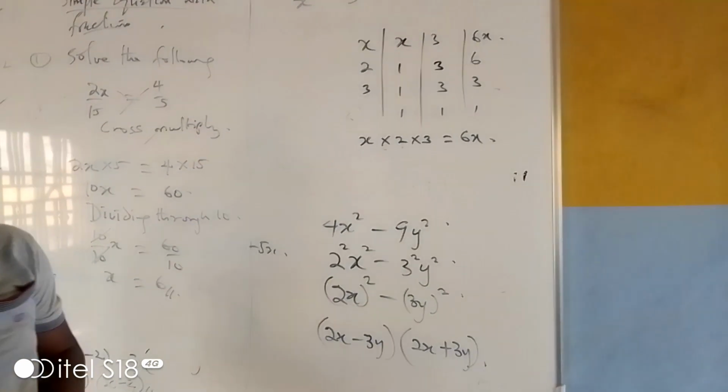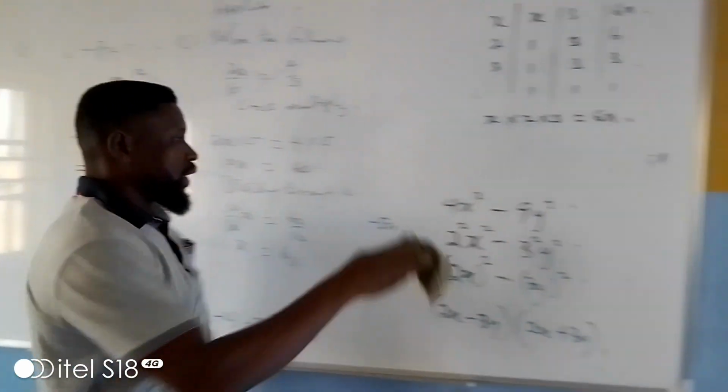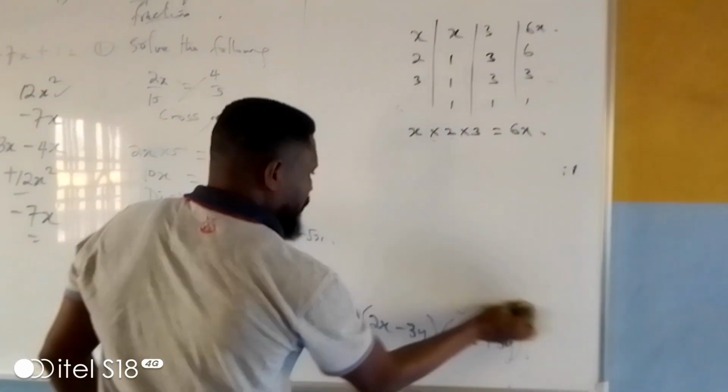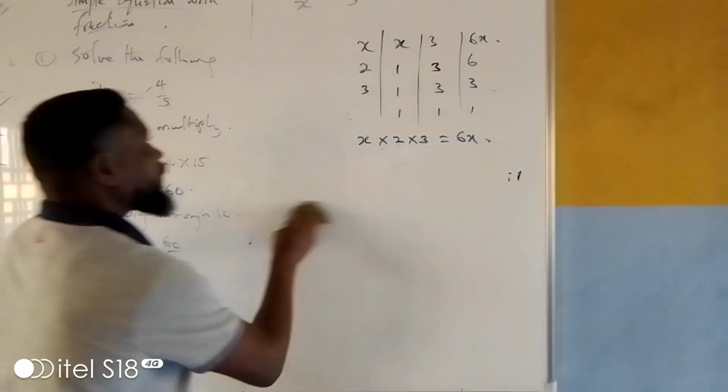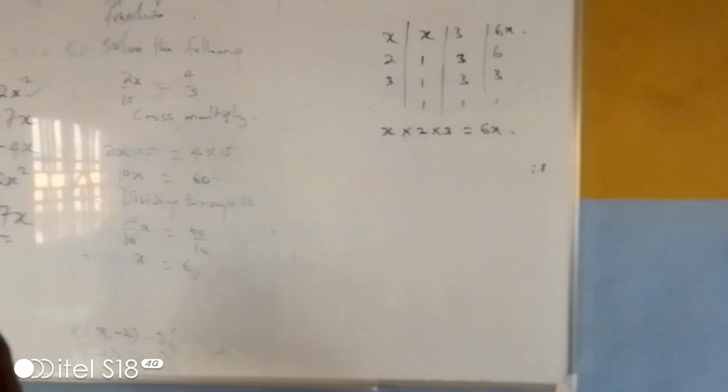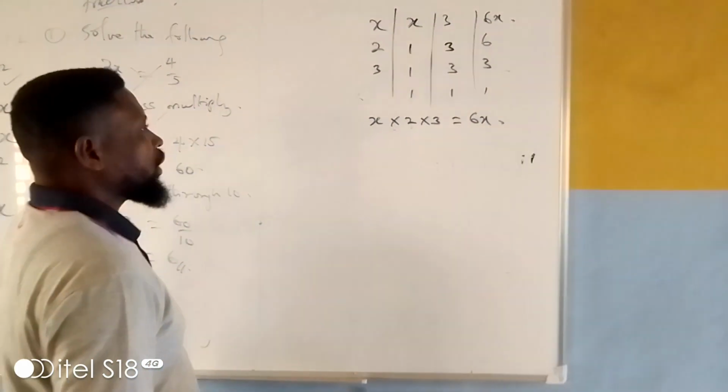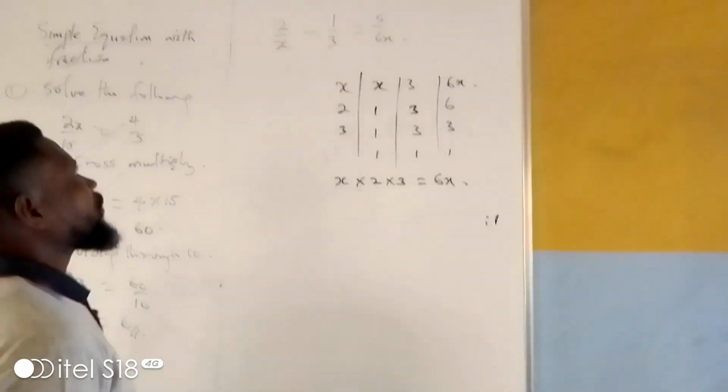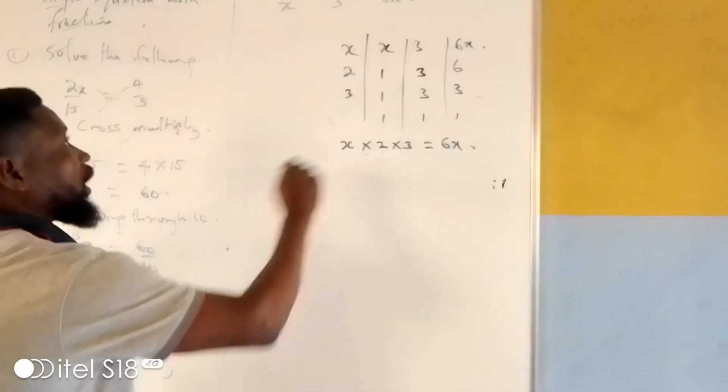So the LCM of these fractions is nothing but 6x.